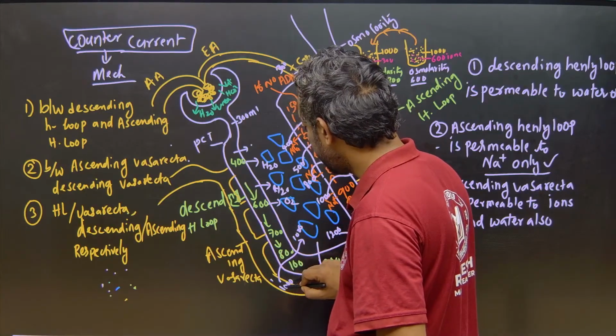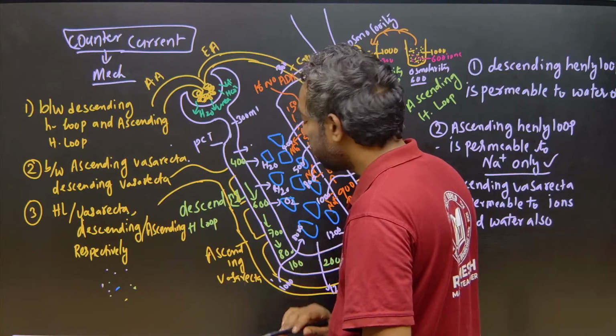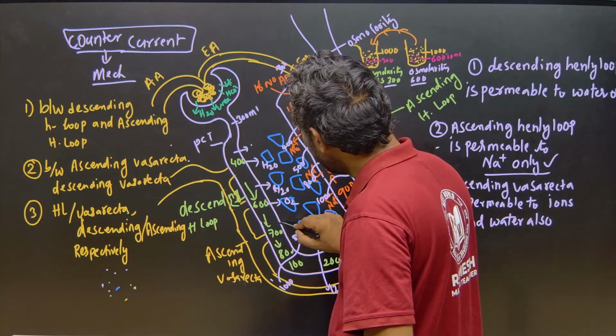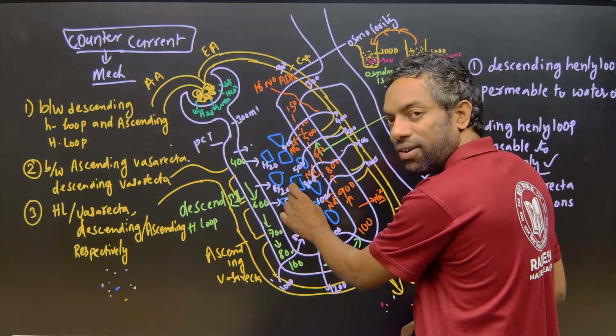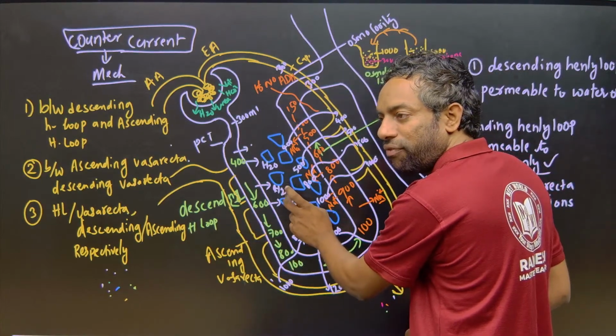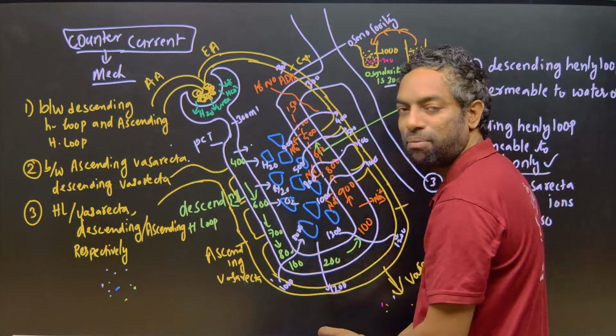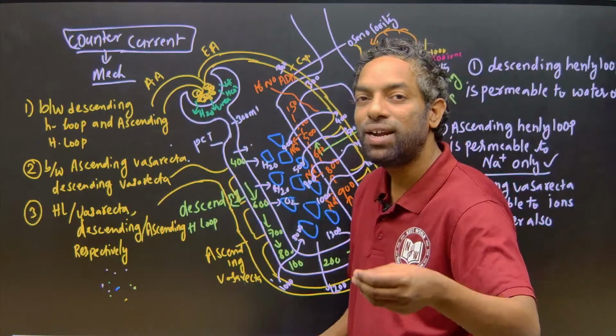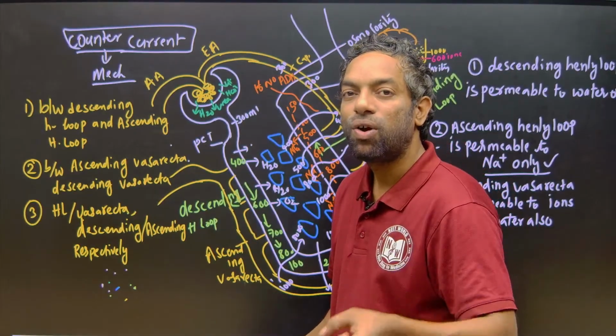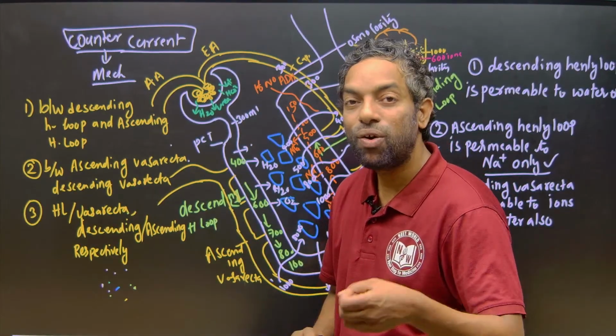If it is 1000, if it is 800, they can move. The water enters the medullary interstitial fluid, where the descending Henle limb creates a medullary interstitial fluid with very low ionic concentration, very low osmolarity.